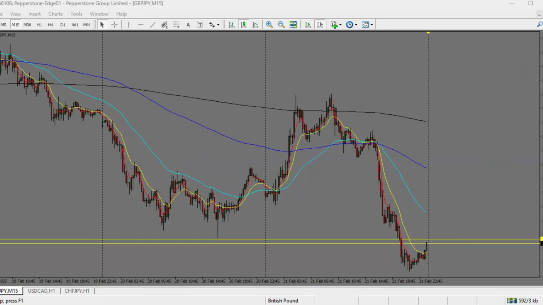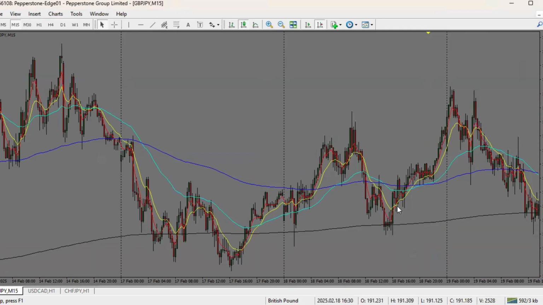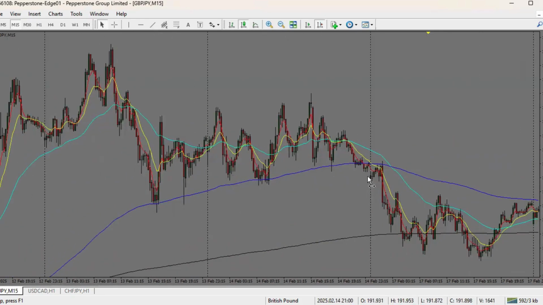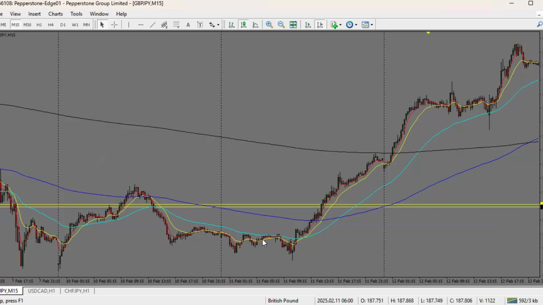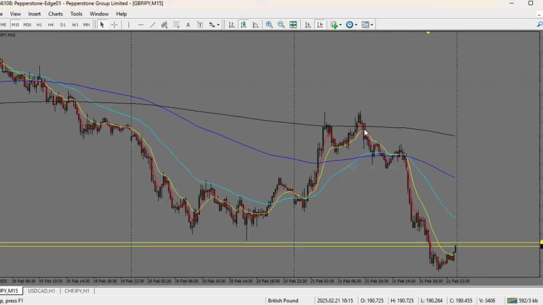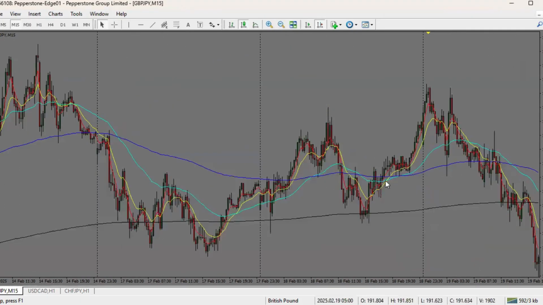When the 5-period EMA crosses above the 13-period EMA, we have a bullish confirmation, a bullish signal or a buy trade. When the 5-period EMA crosses below the 13-period EMA, we have a bearish reversal or trade.